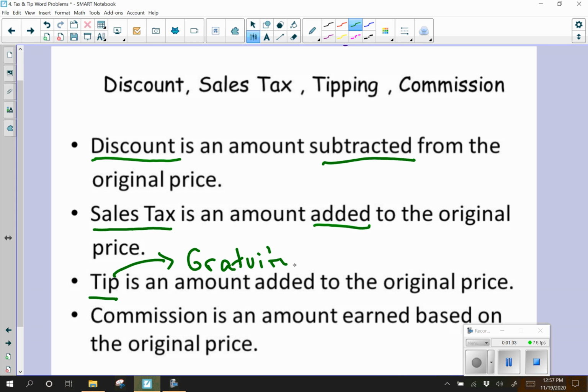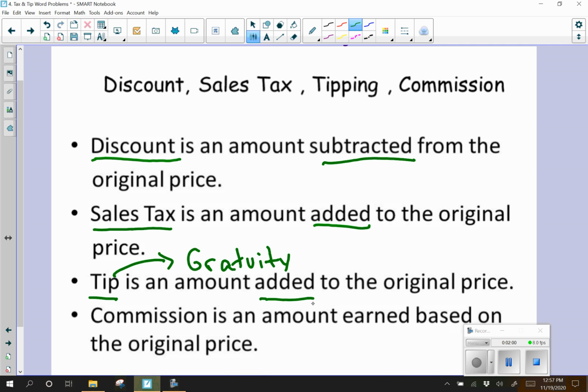A gratuity is also another word we use to reference a tip, and that's money that is added to the original price. So the standard really is an 18 or 20% tip or gratuity. So basically what you do is you take your total check amount and you calculate what 20% of the bill is, and then you add it to the bill, and that is money that goes to your server.